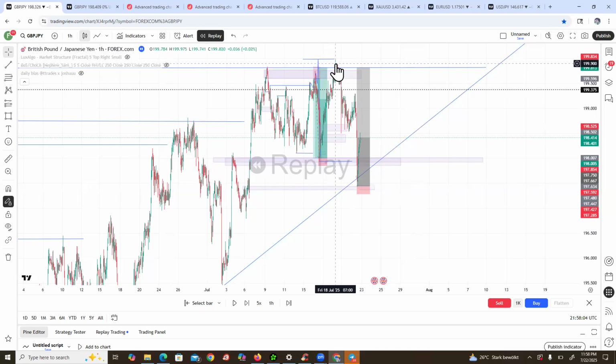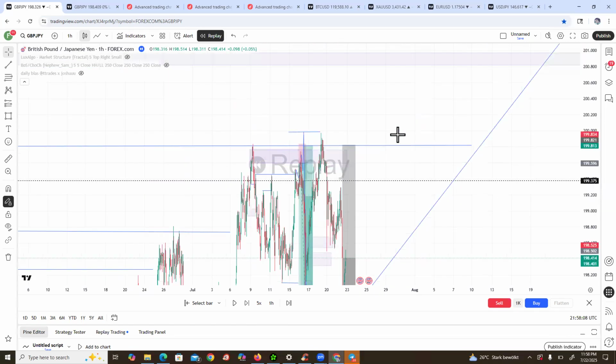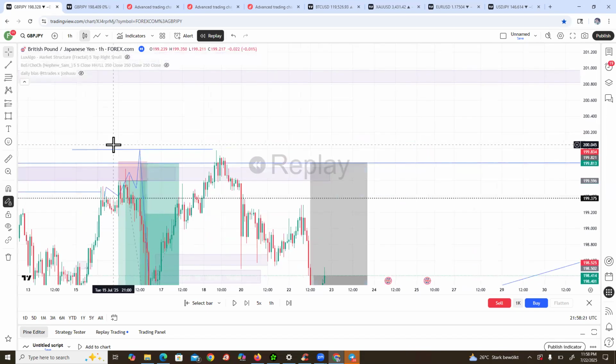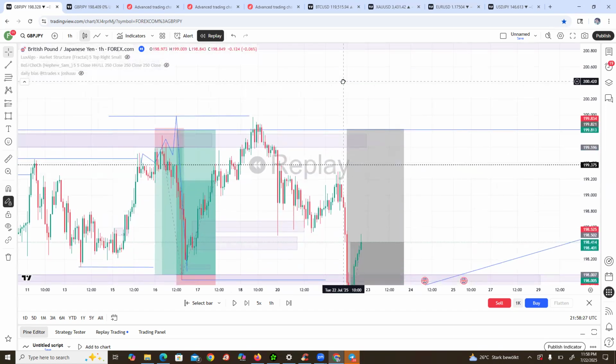If this closed above here, if you look at it, some candlesticks closed above it. Look at all these candlesticks. They close above it, but all these are liquidity sweeps. They just wanted to sweep this high. So even though it closed up, if this candle should close here now, where is your inducement?